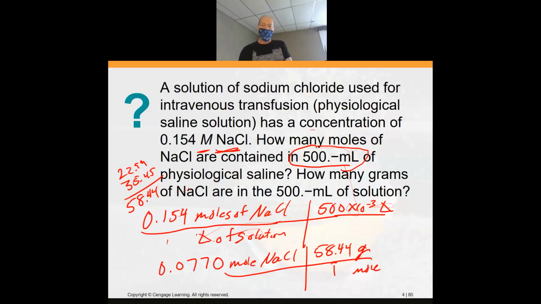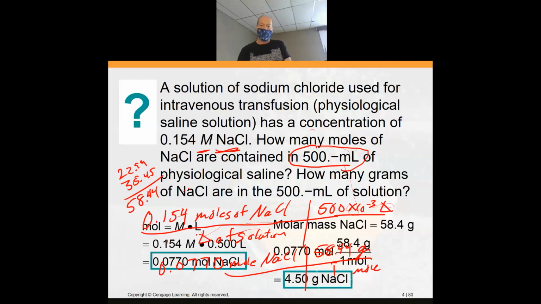And so when you multiply that, you get 4.50 grams. And then again, here they're giving it as 58.4 because they're giving it to 3 sig figs. So if you're off by the last digit, that is fine, because remember, significant figures, certain number, and then a number having some uncertainty.